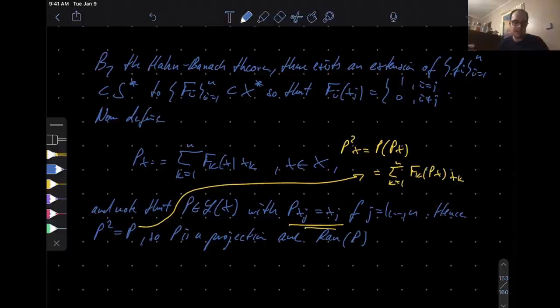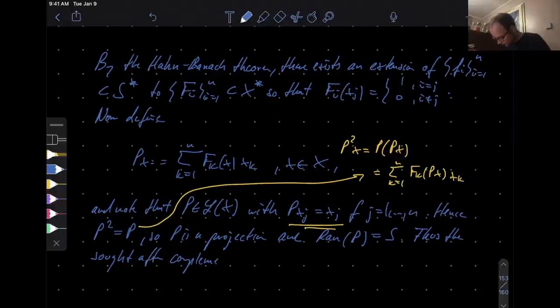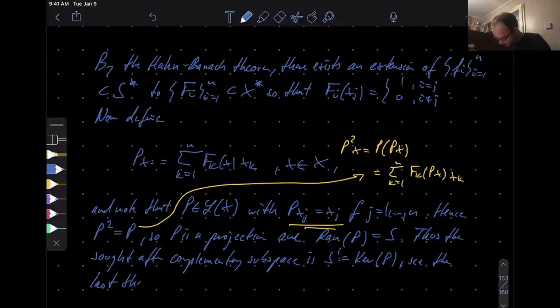But the xk's are a basis, a spanning set for that subspace S. So that means simply that the range of P is equal to S. And thus the sought after complementary subspace is S prime, which is just the kernel of P. We use that theorem about projections, see the last theorem. Okay, and we're done. That's it.